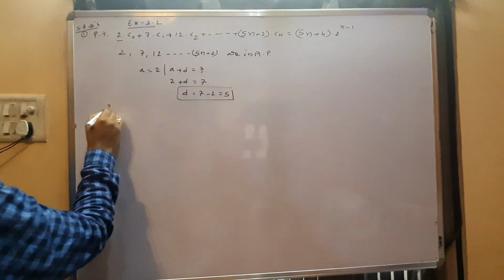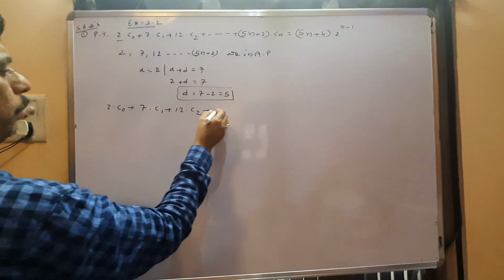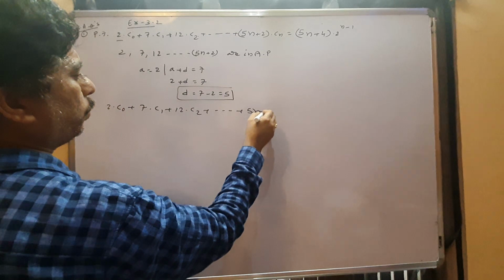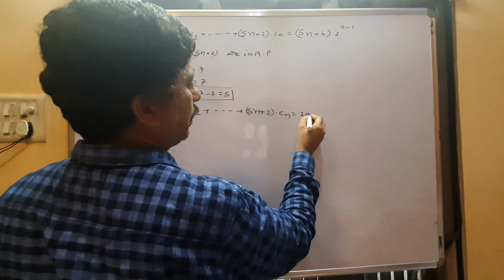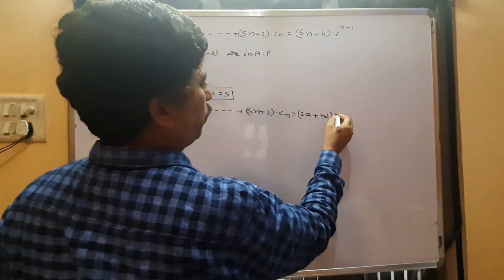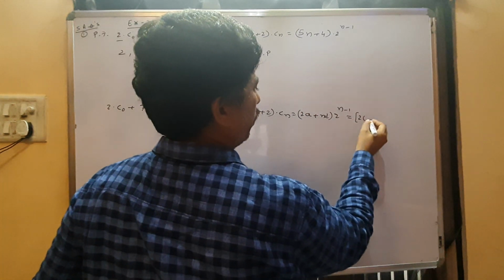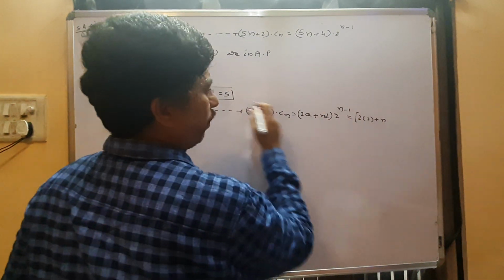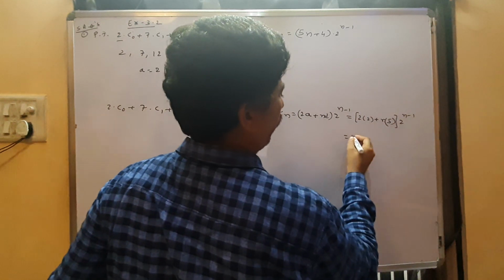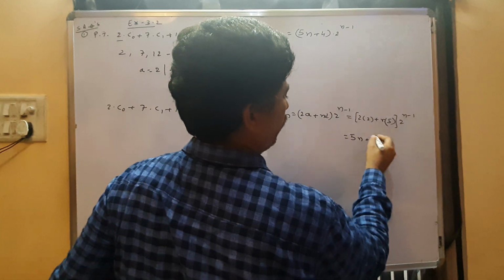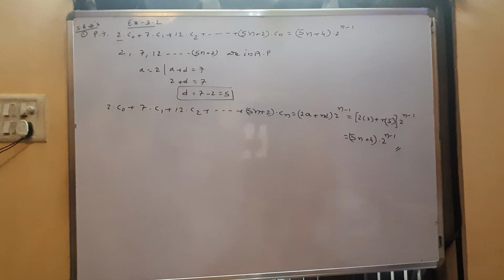Then the formula: 2 times C naught plus 7 times C1 plus 12 times C2 plus and so on, (5n plus 2) Cn equal to (2a plus nd) into 2 power n minus 1. So 2a, 2 into 2, plus n into d value, which is 5, into 2 power n minus 1, that equals (5n plus 4) into 2 power n minus 1. That is the answer. Copy the problem.